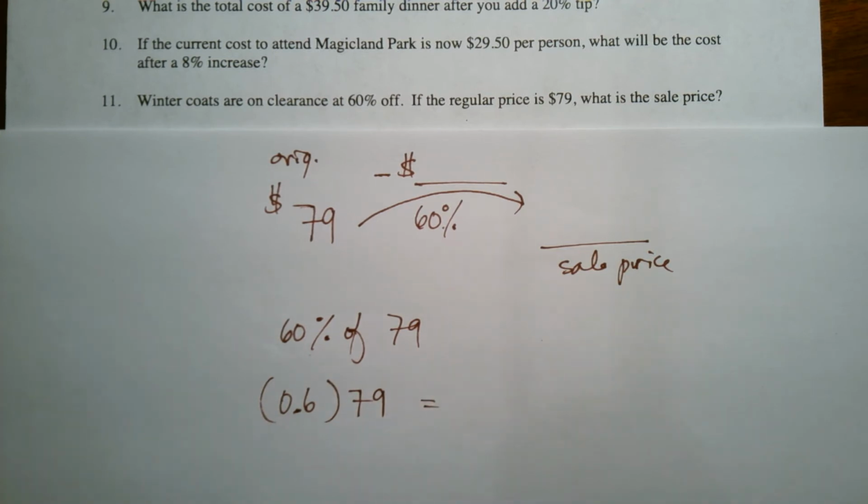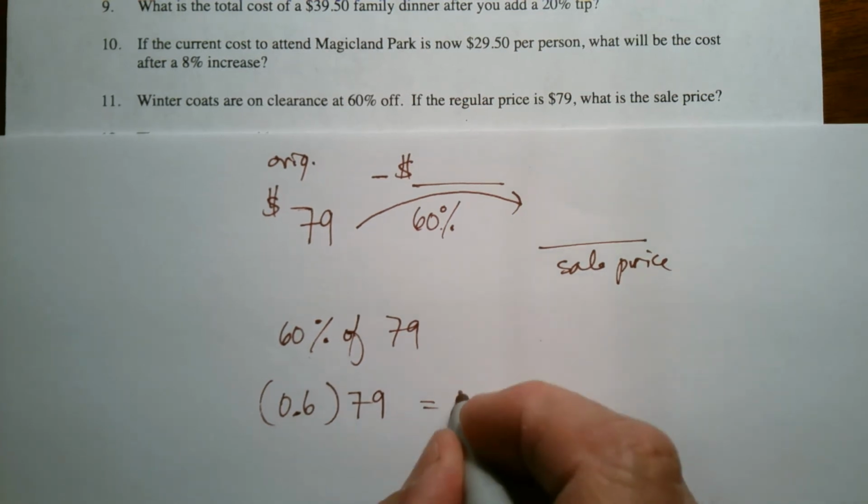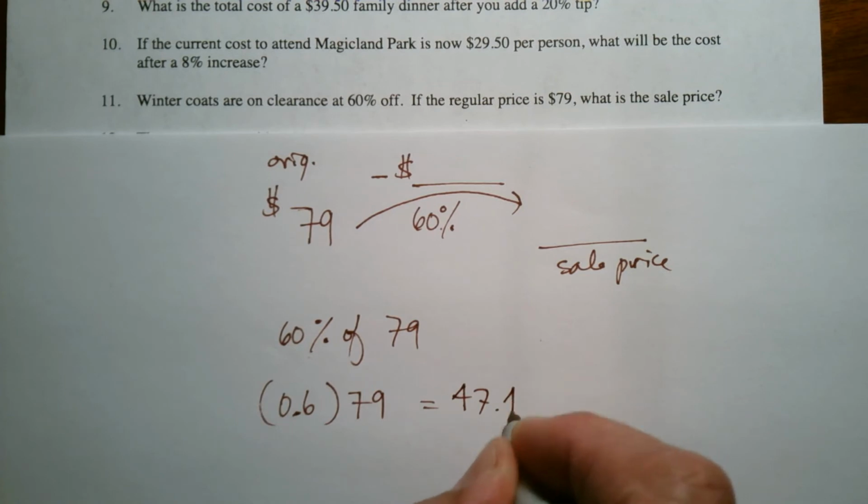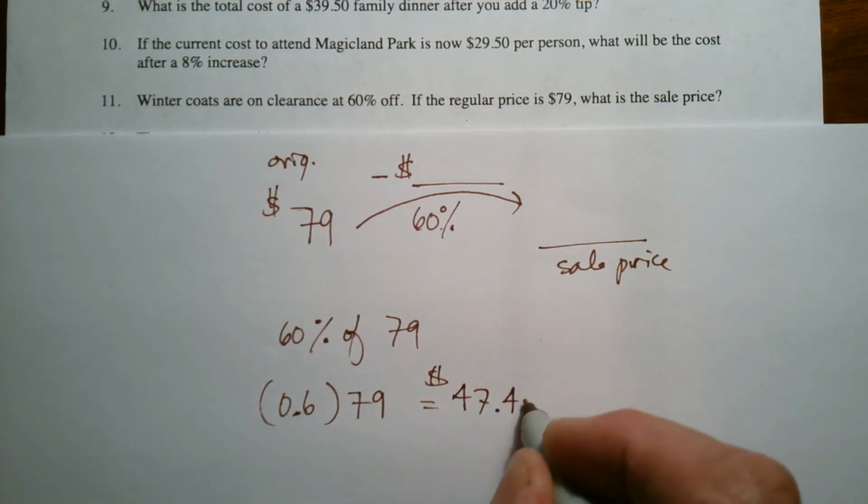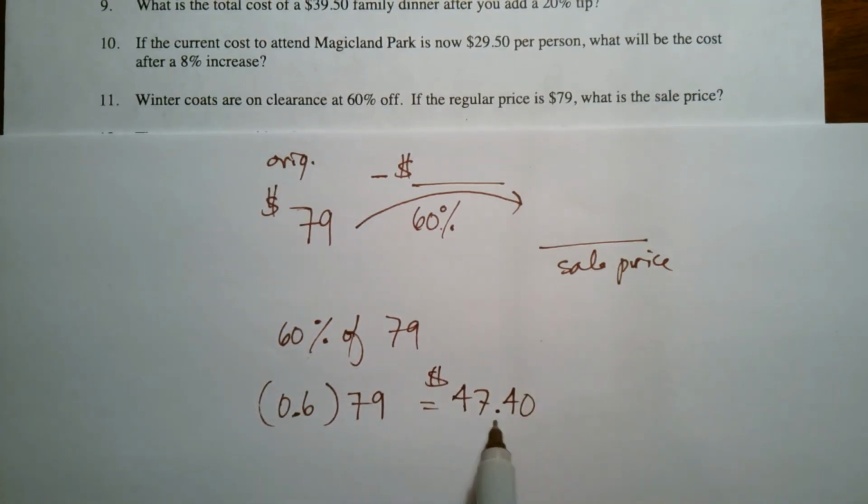Okay. And let's see, what do we get for that? I'm just going to grab a calculator real quick on this one. We get 47.4. So that right there is my discount, $47.40.